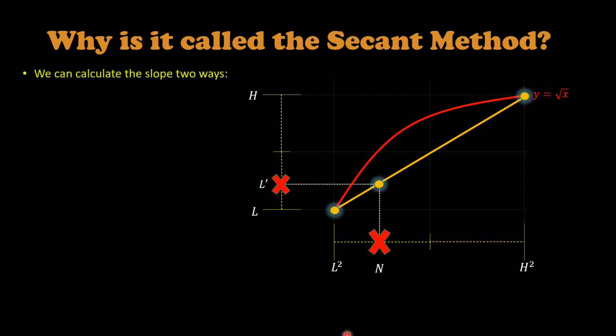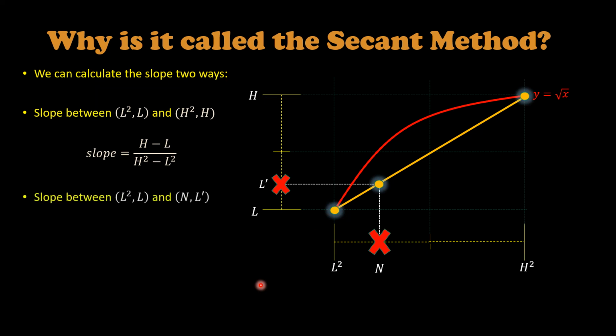We can calculate this slope two different ways. We could do the big slope, the slope between L squared, L and H squared, H. That's the slope of the line between there. If you want to factor the bottom and clean this up a little bit, feel free.